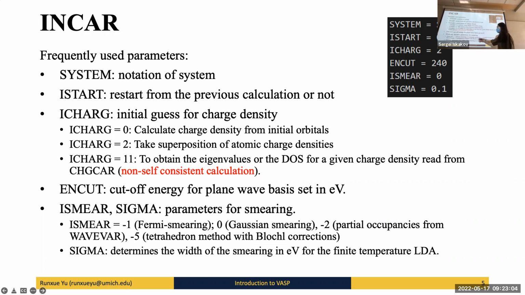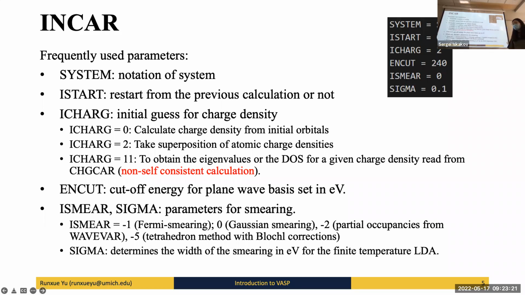Theoretically, we can do all the calculations with ISMEAR 0, but in some cases, for example for a semiconductor or an insulator, we will use -5 here.